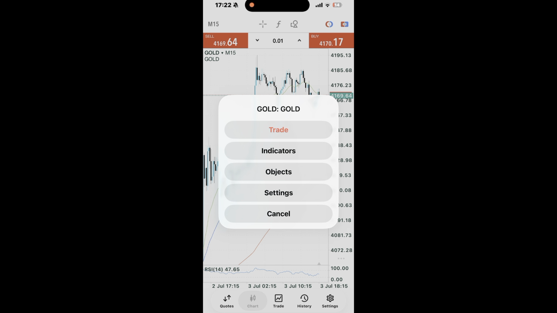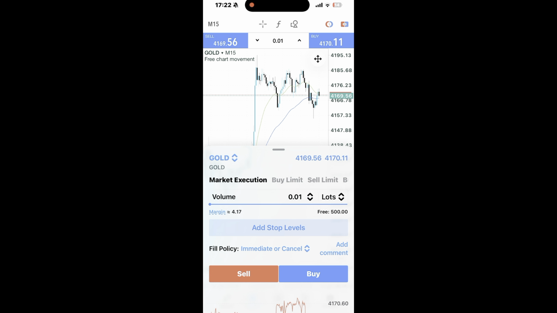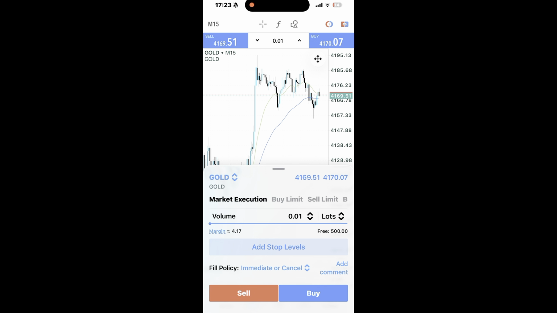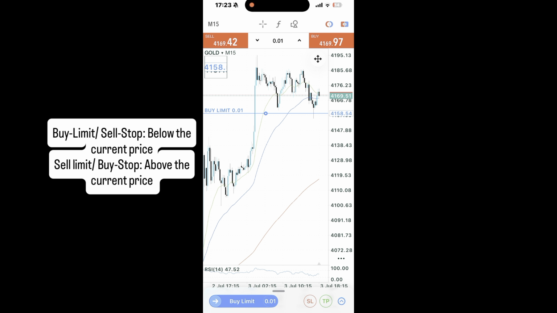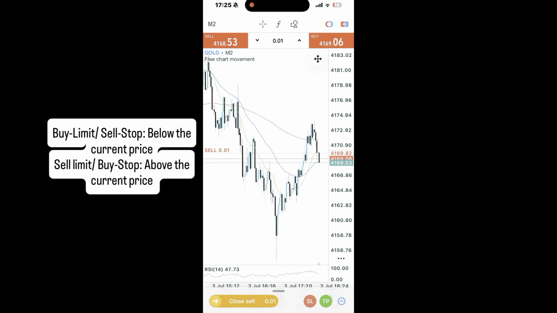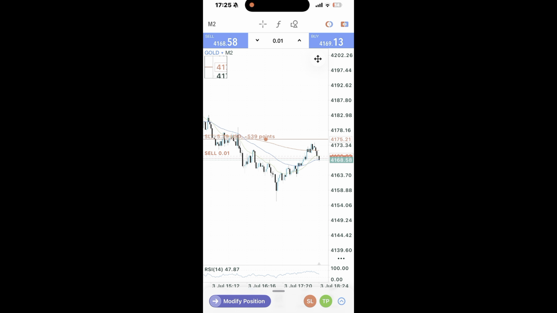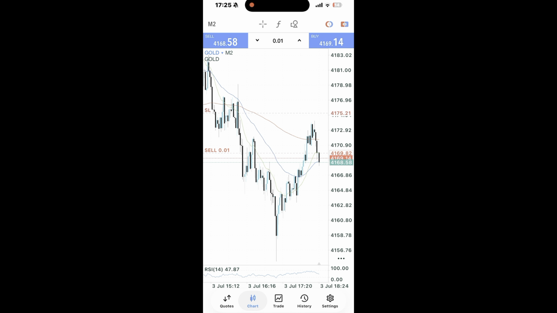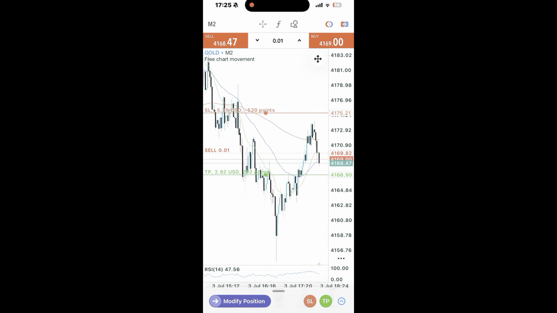Now if we click on trade here, we can either place a market execution order, which means in real time, a buy limit order at a specific price level, you can choose which price, or a sell limit order like in this example because market structure looks bearish, and then you should put your stop loss above a protected swing high or swing low, preferably only risk 1% of your account.